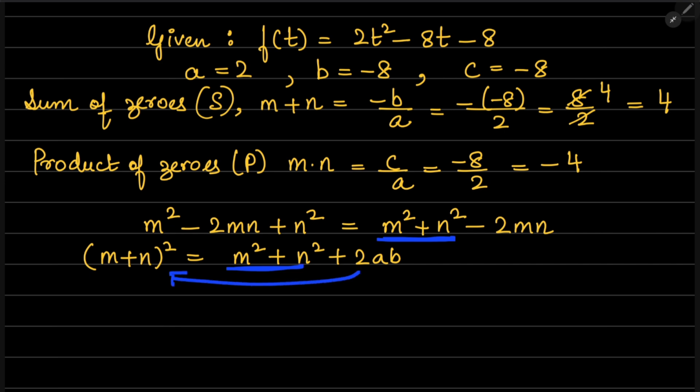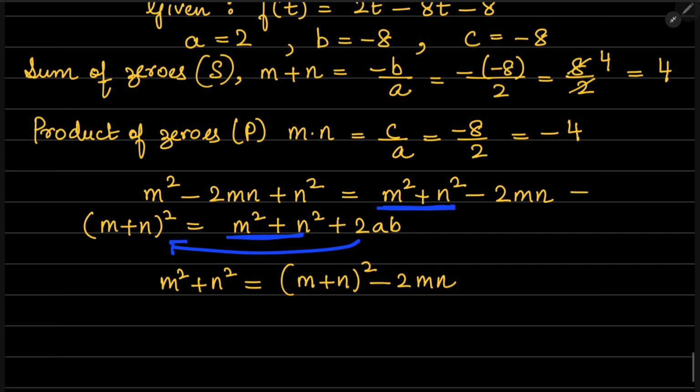M square plus n square will be equal to m plus n the whole square minus 2ab. Now it's not ab, it's mn, so 2mn. Let this be 1 and let this be 2. So we have got it in the form and we changed it.